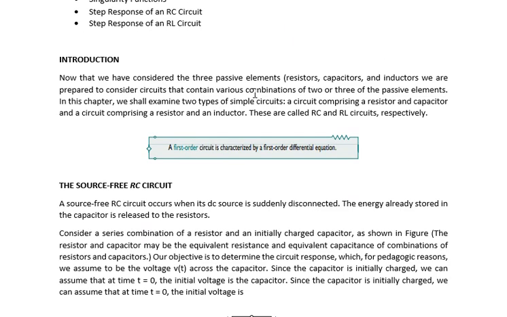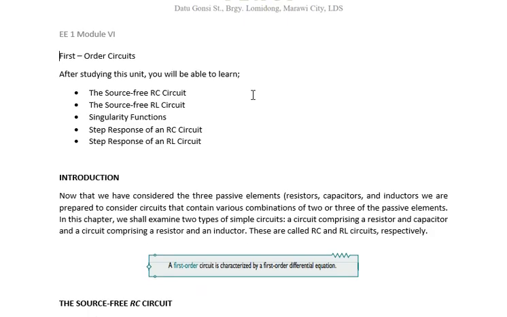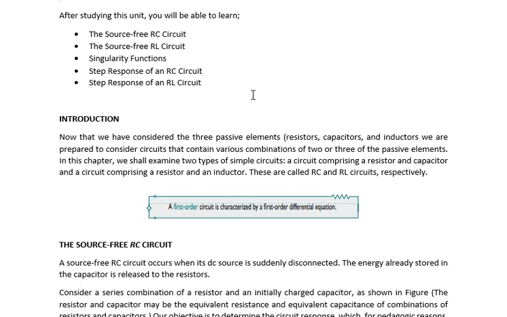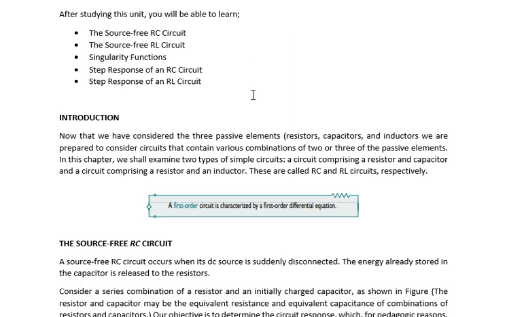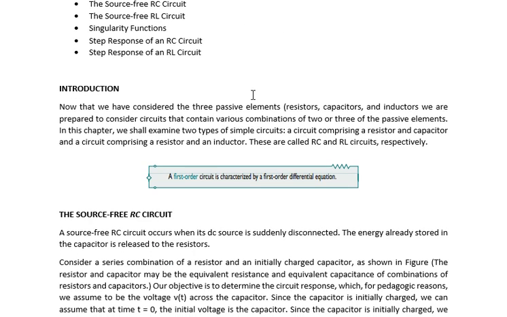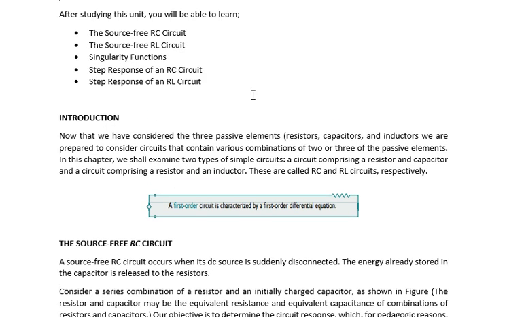So throughout this discussion, you will know that a series RC circuit or series RL circuit will have a response on a circuit. If you connect that in series with the source, then it has a response at a certain time interval.